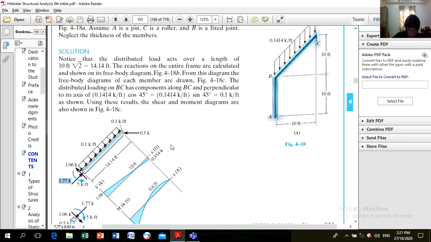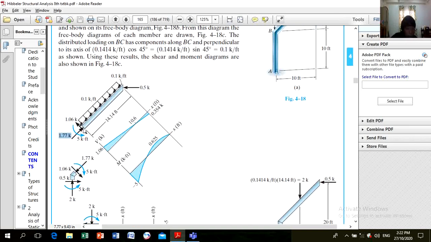Again, this is 0.1 times 14.14 times 14.14 divided by 2 minus 0.5 times 10. It will give you 5 kips per feet.